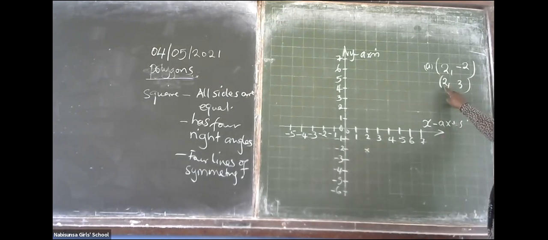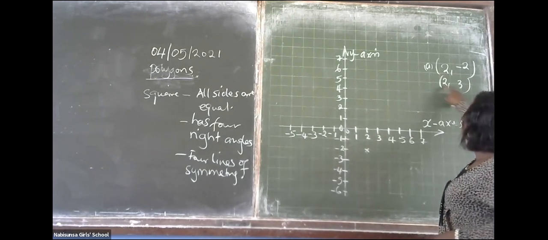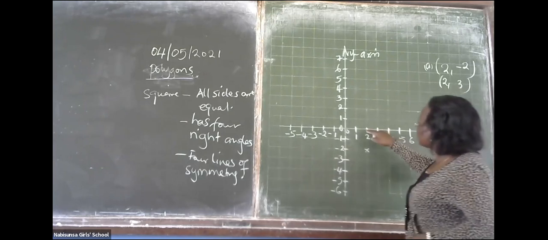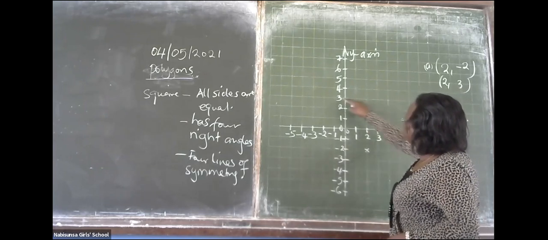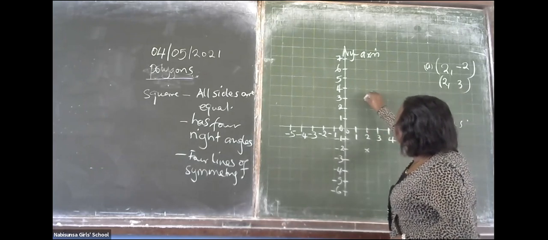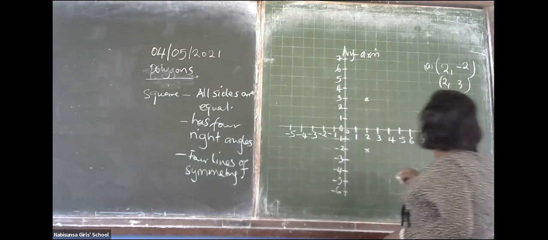This is the X coordinate, while the 3 is the Y coordinate. I'm trying to remind those people who were not there at the beginning how we get the coordinates. It is always the X coordinate first and then the Y coordinate second. So we have 2 on the X-axis and 3 on the Y-axis. So that is the second point.